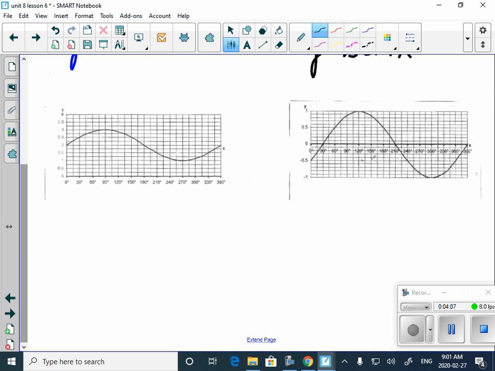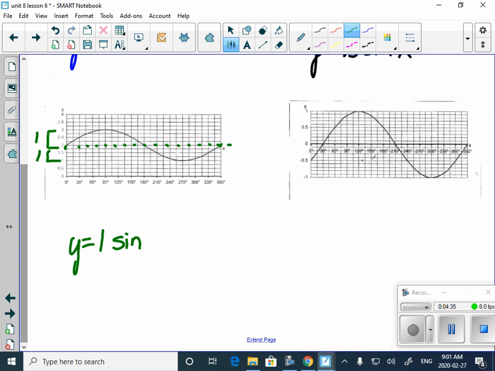This one starts in the middle, ends at the middle. It would best also be written as sine. The amplitude for this one is maybe a little less easy to see, but it is a distance of 1 up and a distance of 1 down. So its amplitude is 1.